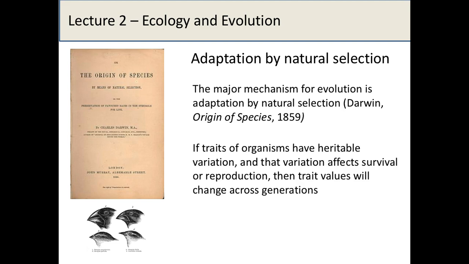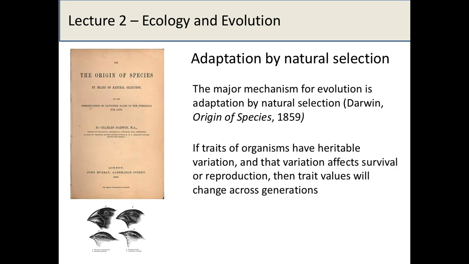So, to start at the start, nothing in biology makes sense except in light of evolution. And we know that adaptation by natural selection is the main driver, or at least the main ecological driver, as we'll see in a moment, of evolution. This is one of the first editions of Darwin's book on the origin of species by natural selection.